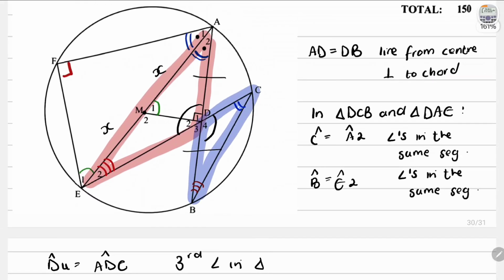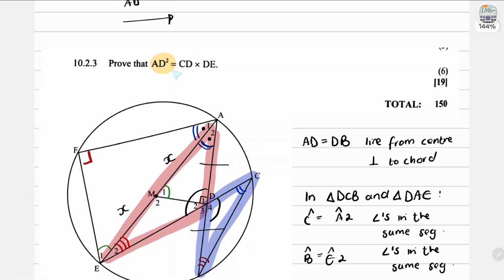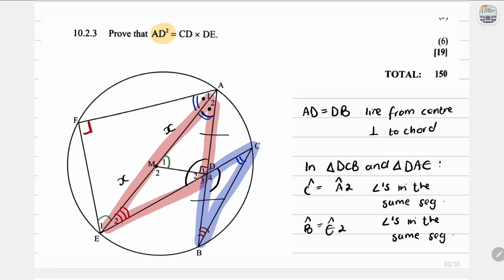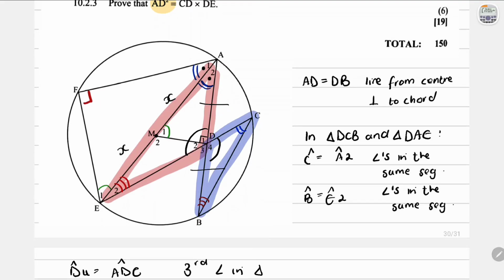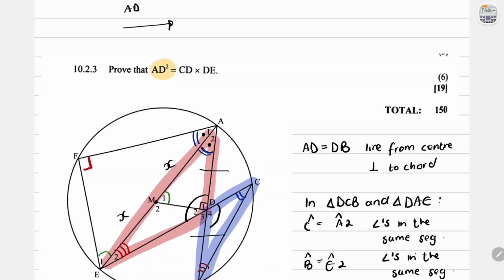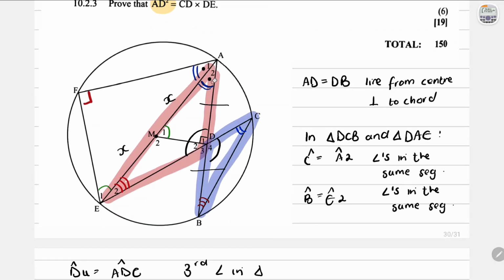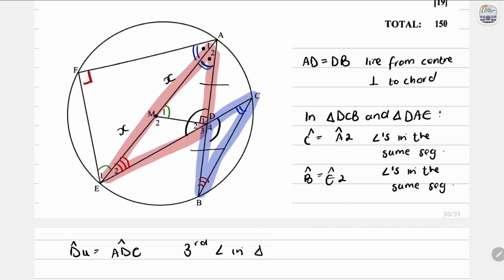Now we can go ahead and use their proportions. So remember that we had AD squared, but we could see clearly that they probably replaced AD with DB because those two are equal. So the sides that we're going to have to focus on using is really the sides that we see here. If you see AD squared, we're going to use AD, and in the blue triangle, we'll use DB.